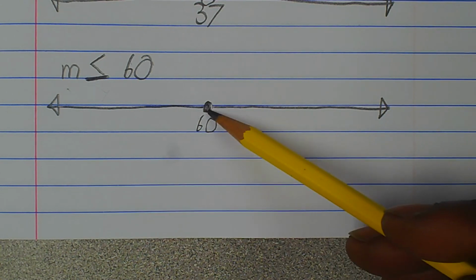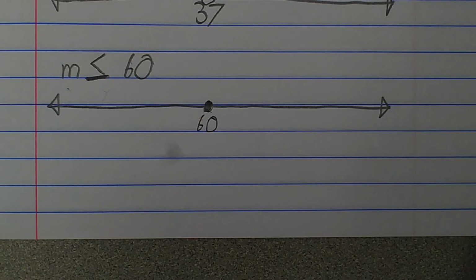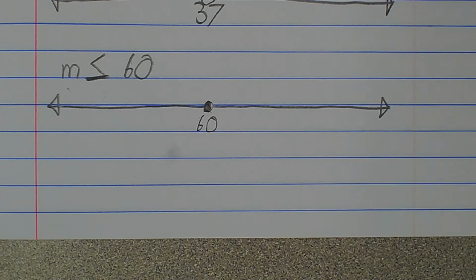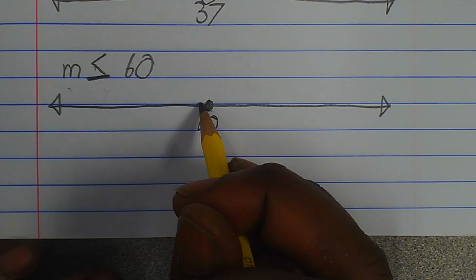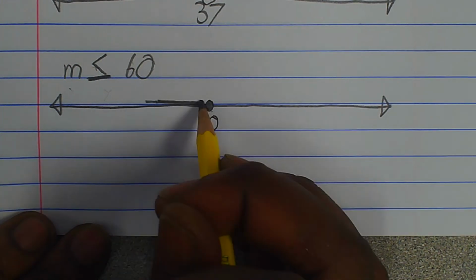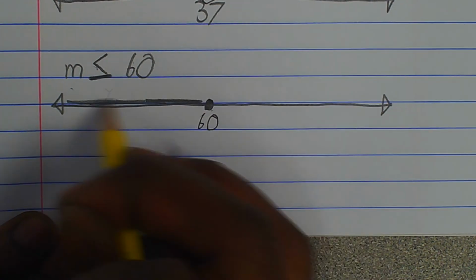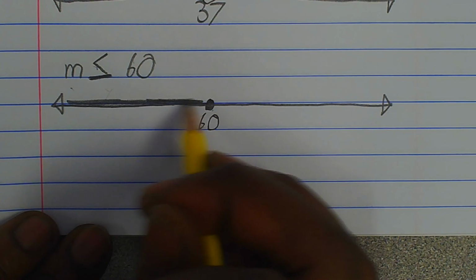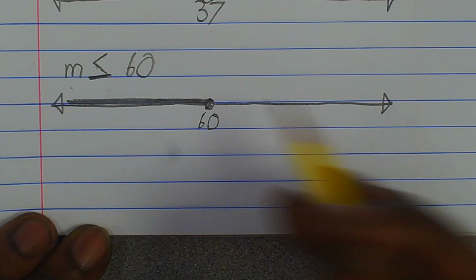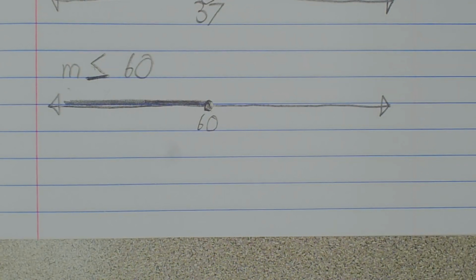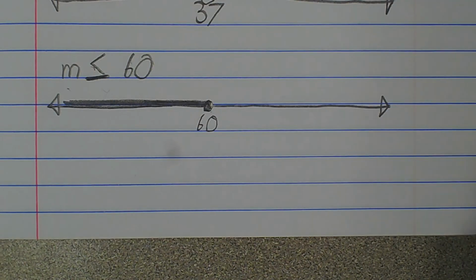So remember, when we were graphing equations, it was one single dot because it was equal to, but now we have to add the less than part. So here we're going to graph all numbers that are less than or equal to 60. So this is what the graph is going to look like, okay?